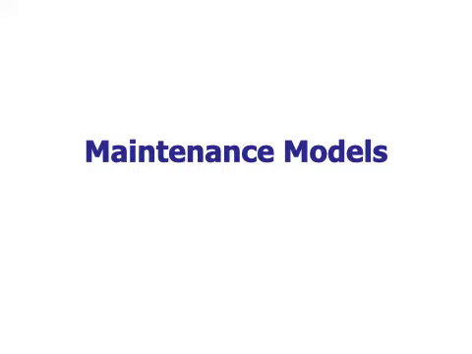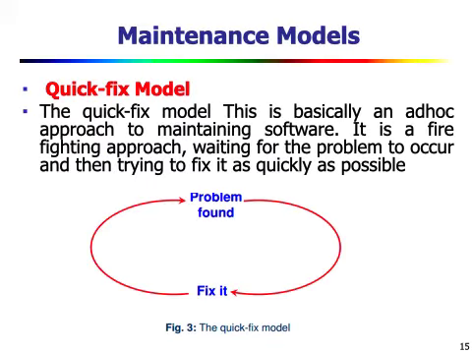Like process models, the maintenance process also has different types of models, like the quick fix model, iterative enhancement model, Boehm model, Belady-Lehman model, etc. So we are going to see each of these maintenance models now.